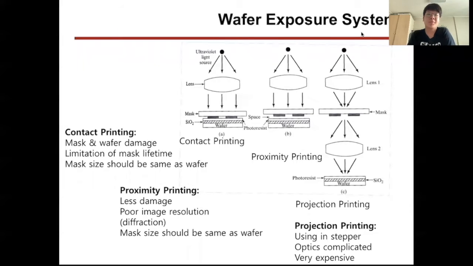There are three types of exposing systems. First, contact printing. Contact printing is a method where the wafer and mask are stuck together by using a vacuum, so that it can have good image resolution.